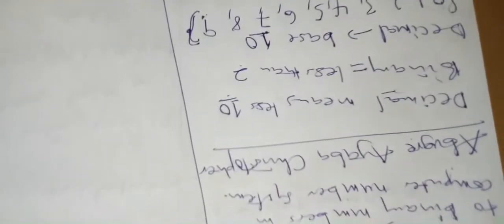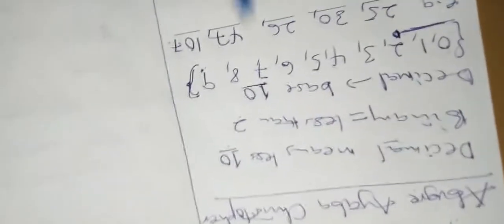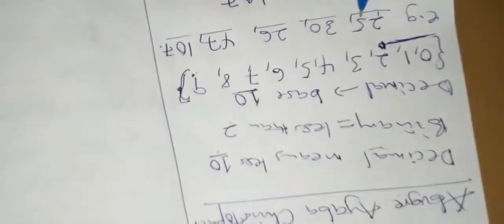If you look at it, you realize that the set of numbers 0, 1, 2, 3, 4, 5, 6, 7, 8, 9 are all decimal numbers because they are less than 10. And numbers like 25, 30, 26, 47, 107 are also called decimal numbers. The reason is that we are considering the individual figures in the number.